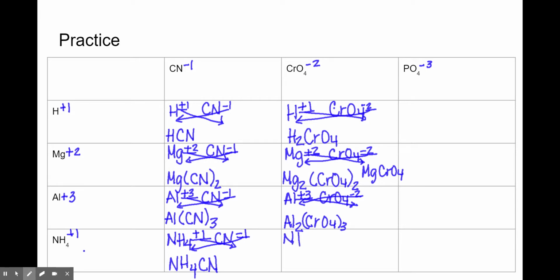Next, we have NH4, which is +1, and my CrO4, which is -2. I'm going to cross my charges. So I need 2 of this whole molecule. So I start with a parenthesis, NH4, 2. And then I have 1 of the CrO4, so I just write CrO4.